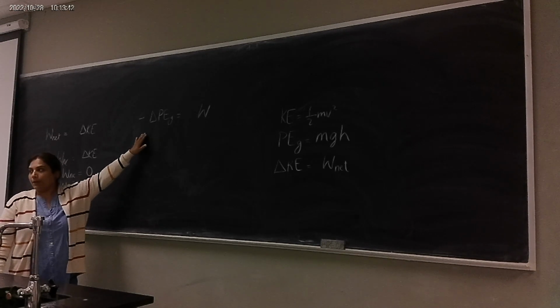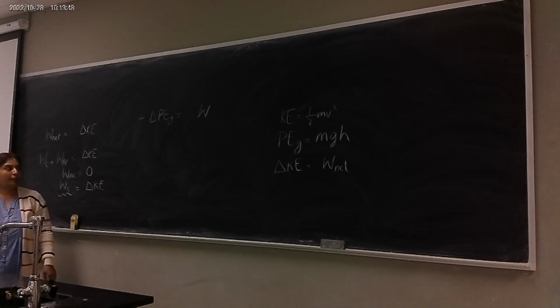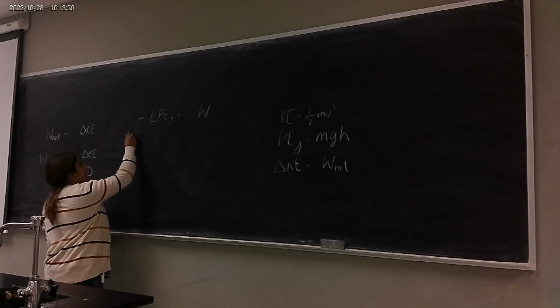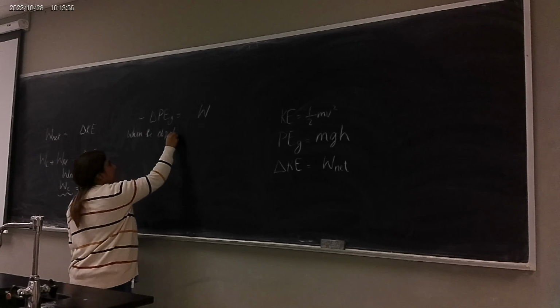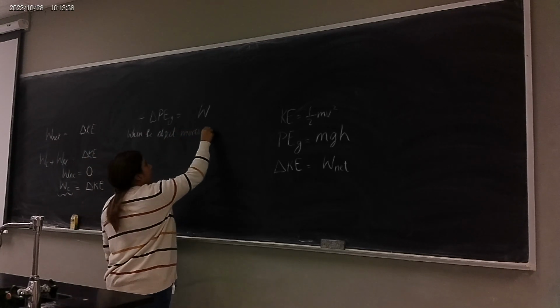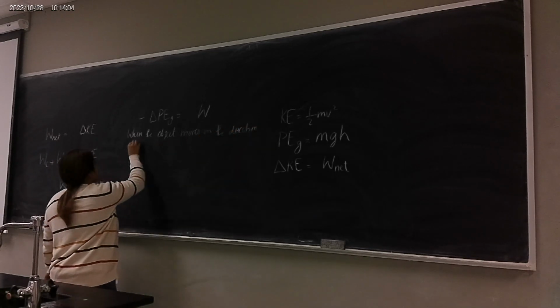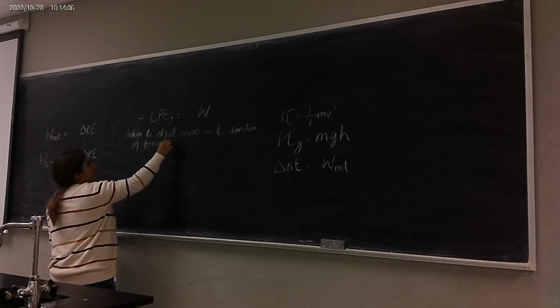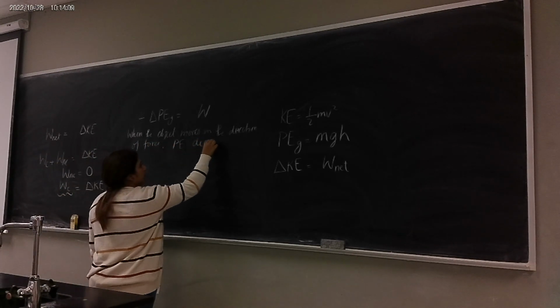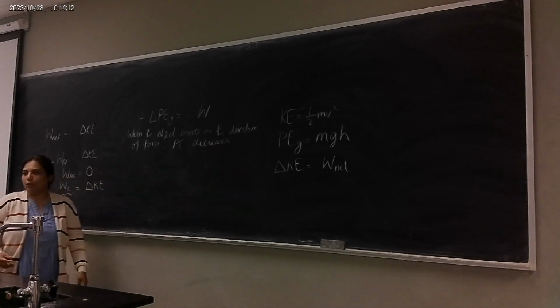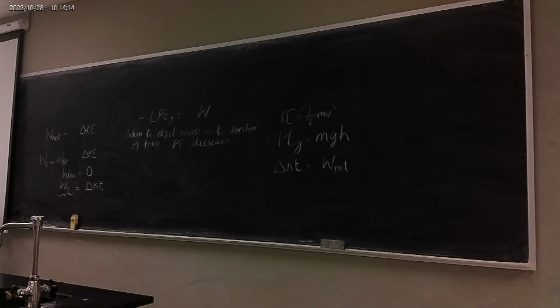Why is it negative? Because potential energy decreases when the object moves in the direction of the force. When you move something up against gravity, potential energy is increasing. You let it go, it falls, and potential energy is decreasing because now it's moving in the direction of gravity.